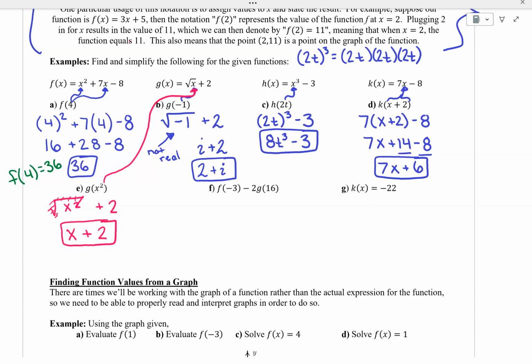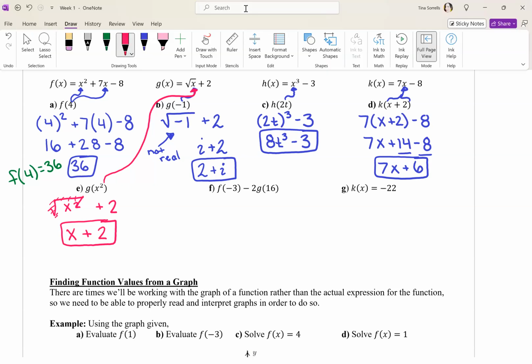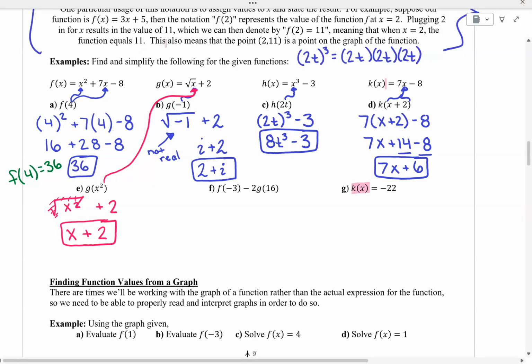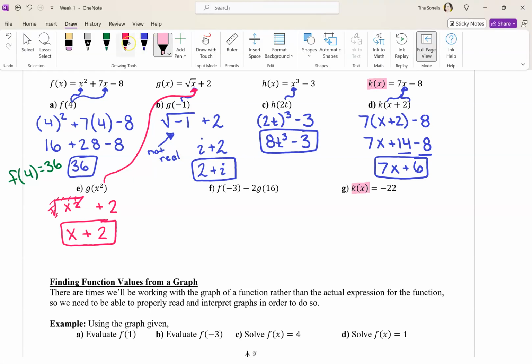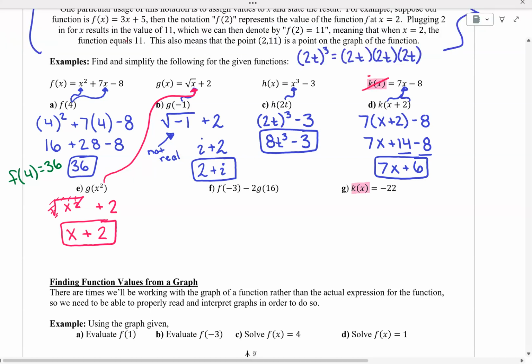Notice that it says K of X is negative 22. So what this problem is doing here is it wants you to replace the K of X with a negative 22. So you're actually going to cross that out and make that a negative 22. So negative 22 equals 7x minus 8.